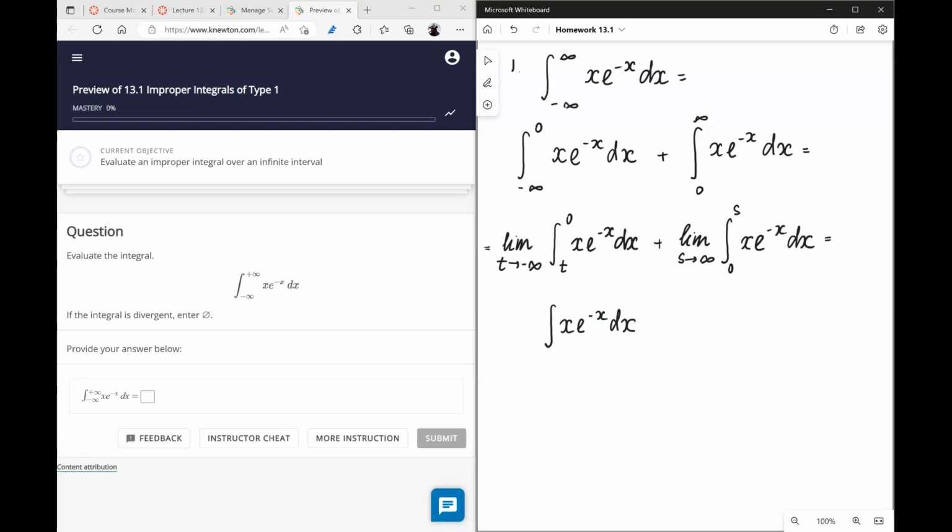We're hitting the pause button here for a second, and let's find this indefinite integral. This one we are probably going to do by parts. u is x, dv is e to the negative x dx, so du is dx, and v is negative e to the negative x.